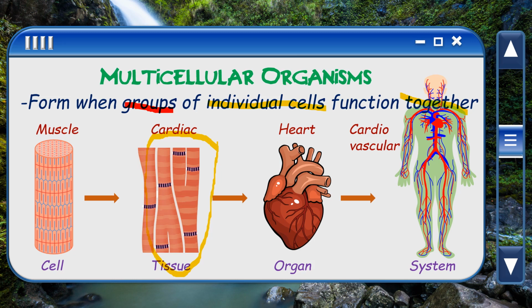This becomes a multicellular organism. Starting from the cell, cells come together forming tissue, tissues come together forming organs, and organs come together forming a system, and then we form our multicellular organism.